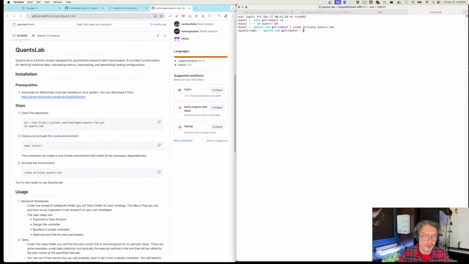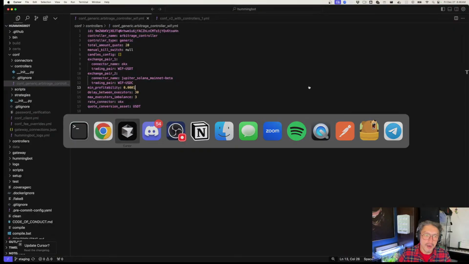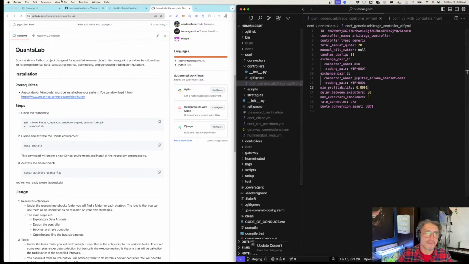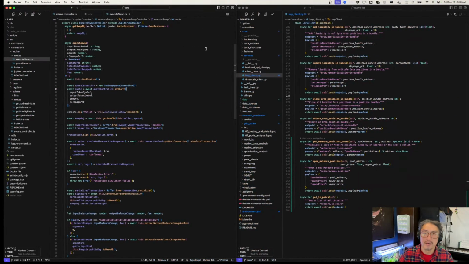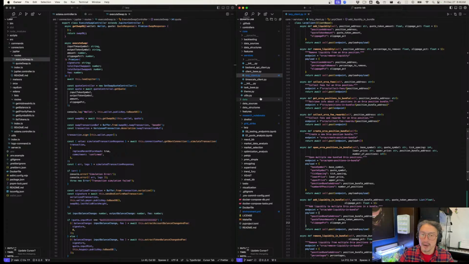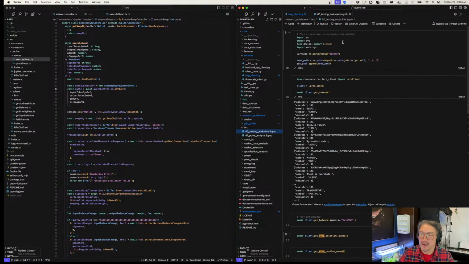Once I activate Quantlab, it'll activate the environment with the dependencies. And then what I typically do is open LARP. Actually, here's LARP in Quantlab. And here in Quantlab, I can go to the research notebooks. Let's make sure I'm using the right Quantlab. Yeah, it's using the Quantlab Python environment here.